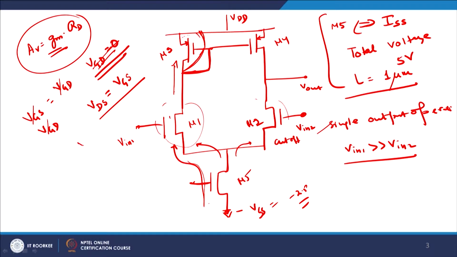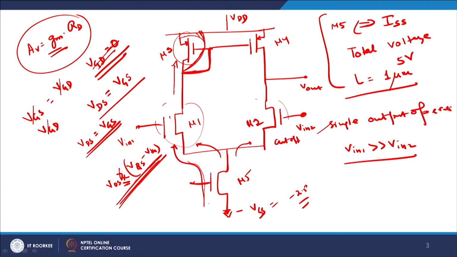So your drain to source voltage is always equal to gate to source voltage, implying that the device is always in the saturation region of operation, because if you remember, the condition was Vds should be greater than or equal to Vgs minus Vth. For PMOS it should be less than or equal to, but since it is always equal, this will always be in saturated state. So, they will always behave like a resistor if you short gate to drain.